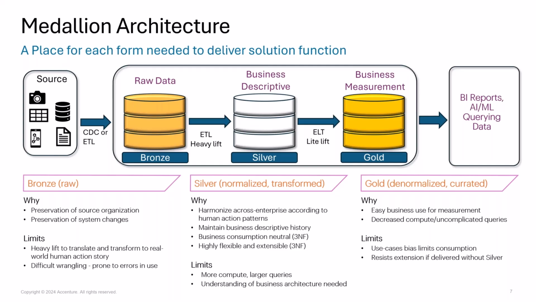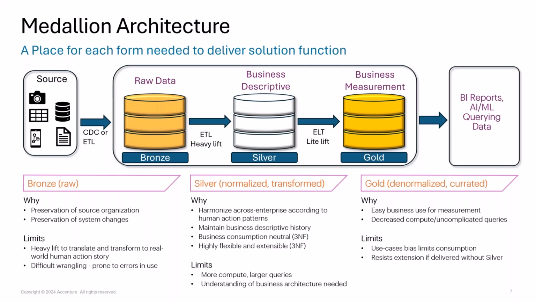Because of the union of form and function, which means that a design form both enables function, but because of its form, it also limits function. No single data organization is capable of delivering all the features demanded of a strategic data solution.